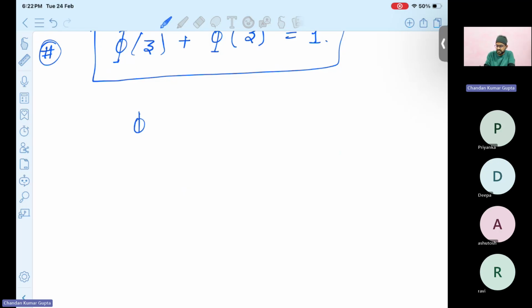Also, if you try to visualize, you will find phi at 0 comes out to be 0.5.